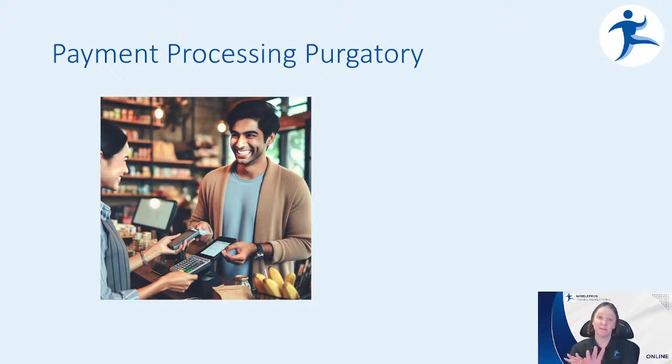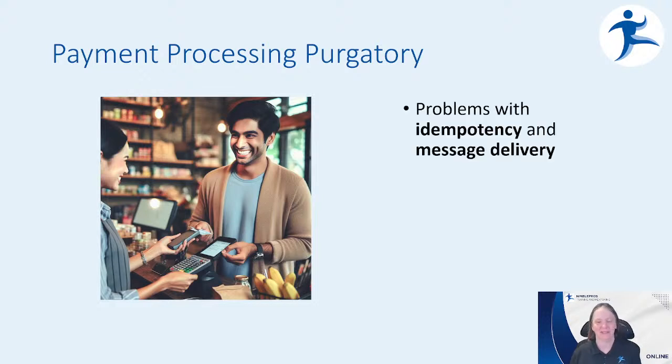All right, another distributed system setup that you might see deals with payment processing. Payment processing happens on a lot of different projects, not just e-commerce. Think about hospital bills, think about taxes, things that we don't really want to think about, but it's all payment processing under the covers. The problems we run into in that kind of situation are, again, idempotency, the consequences for not getting things right, as well as message delivery.